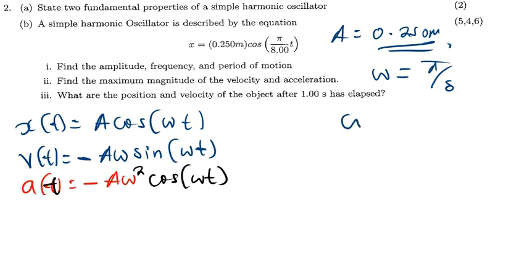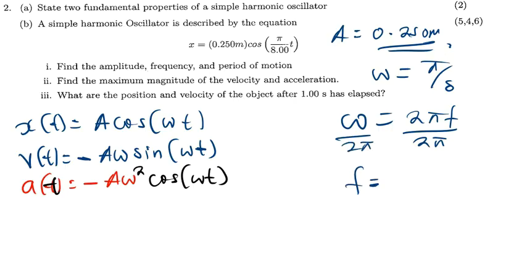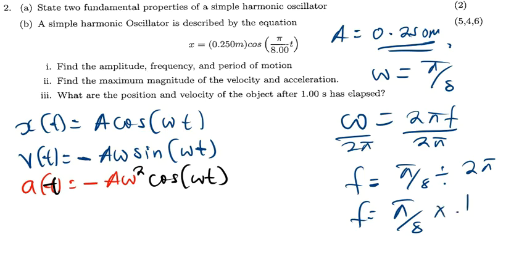Remember that this can also be given by 2 pi f. So I can divide both sides by 2 pi. So frequency will be the angular frequency, pi over 8, divided by 2 pi. This is the same as pi divided by 8 times 1 over 2 pi.